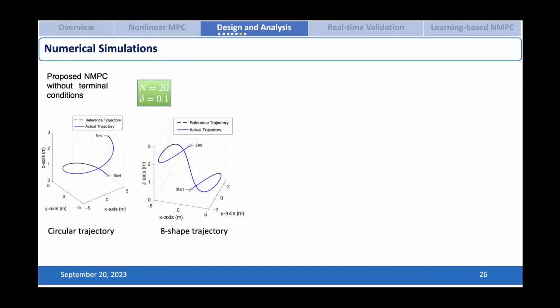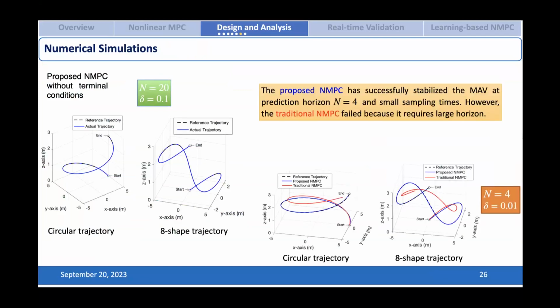So to get to the simulation result, in this case we have the numerical simulation. This is the proposed MPC, the proposed MPC without terminal conditions, and in this case we have N equals 20 and sample time is 0.1. As we can see on two different trajectories, our proposed one perfectly converges and tracks the reference trajectory. To study the importance of this controller, we compare its performance to the traditional controller.